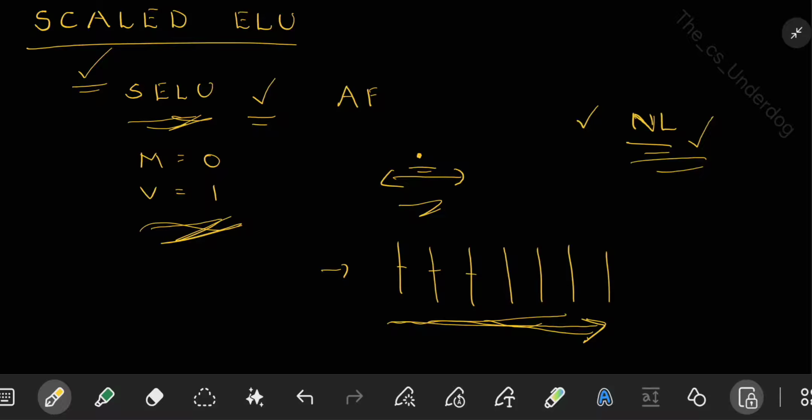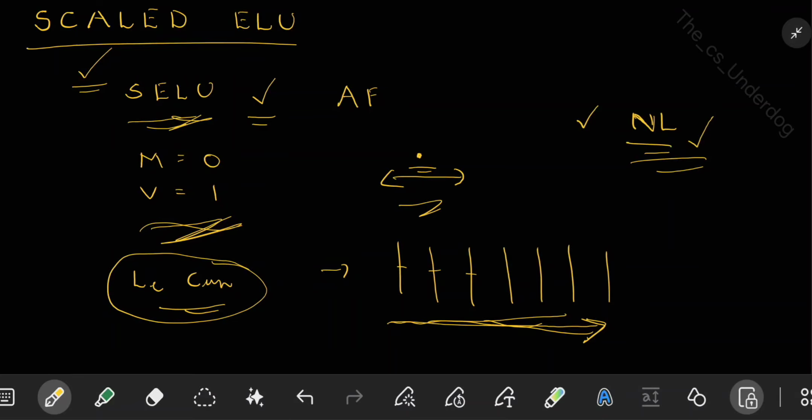One more point. For SELU to work perfectly, there is something that you have to do additionally. That is, you should always use something called LeCun initialization. Initialization means you are doing this on weights.